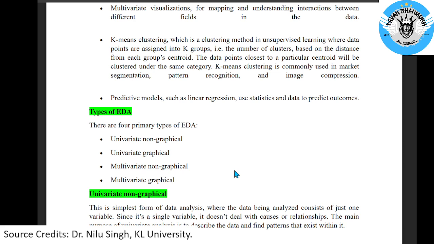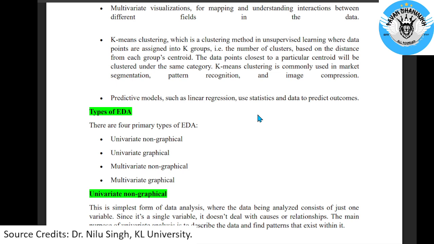Why unsupervised learning? Because we are going to apply this on either unstructured data or structured data. Most preferably, we apply this on unstructured data, assigned into K groups, so the number of clusters is based on the distance from each group's centroid. For suppose, in a triangle with a centroid, we can calculate the distance from the centroid to the corner points.